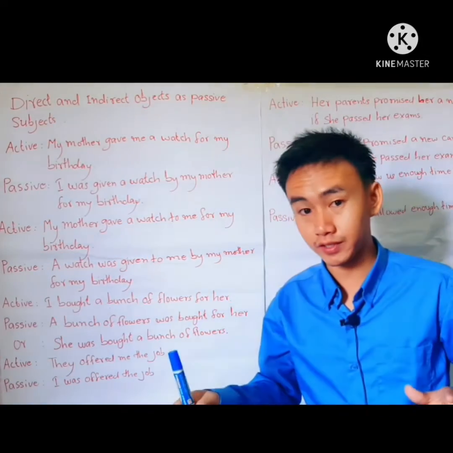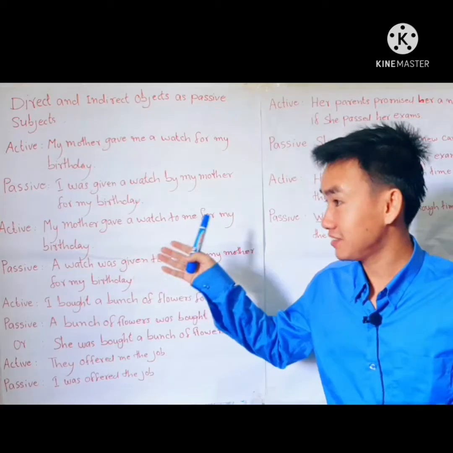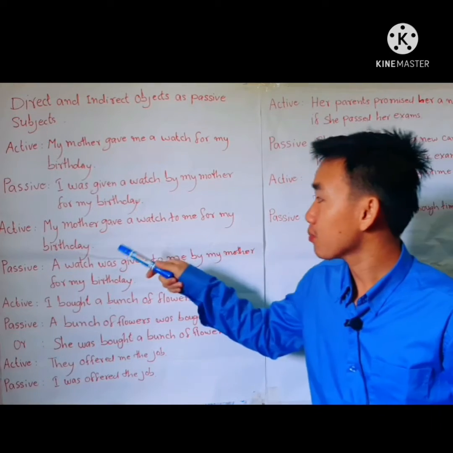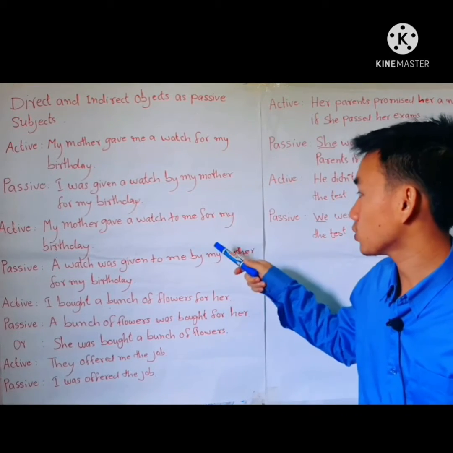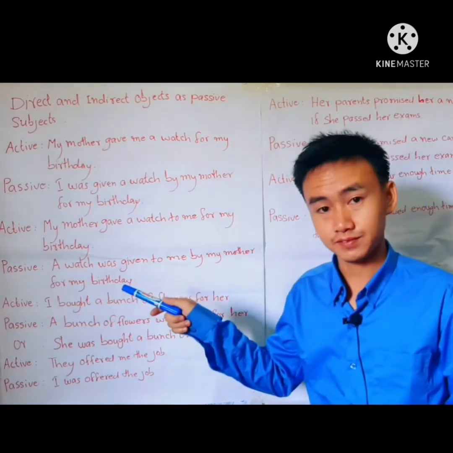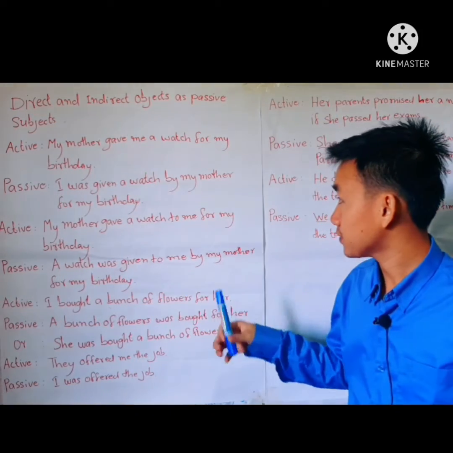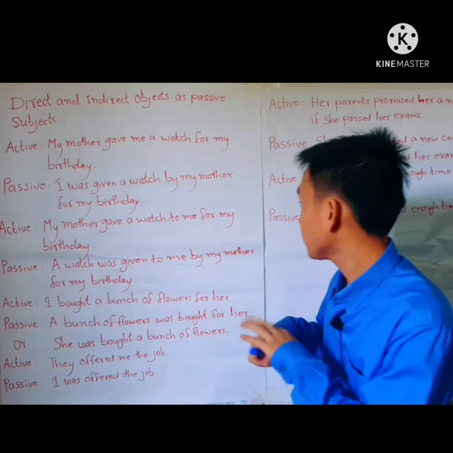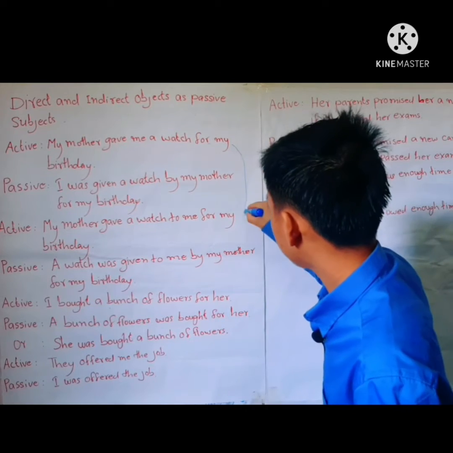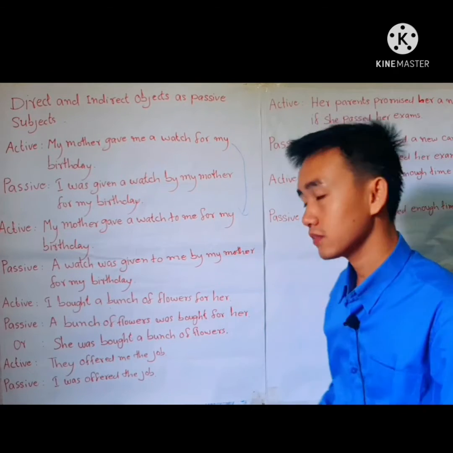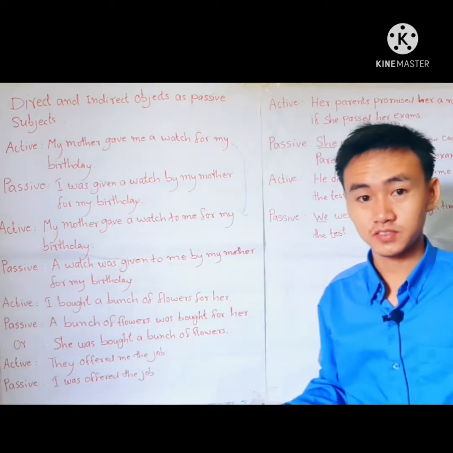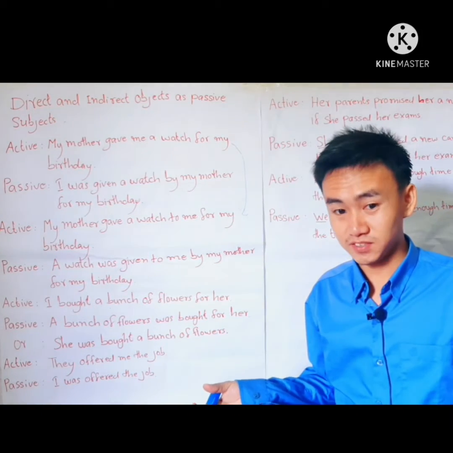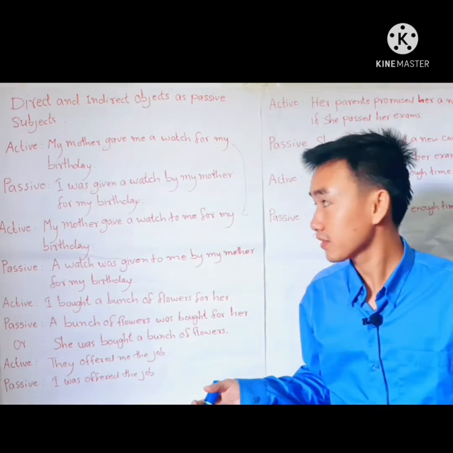How do we compare the indirect and direct one? Alright. My mother gives a watch to me for my birthday. In this one, if you compare it to this one, there is just a little bit of difference in the structure, right?